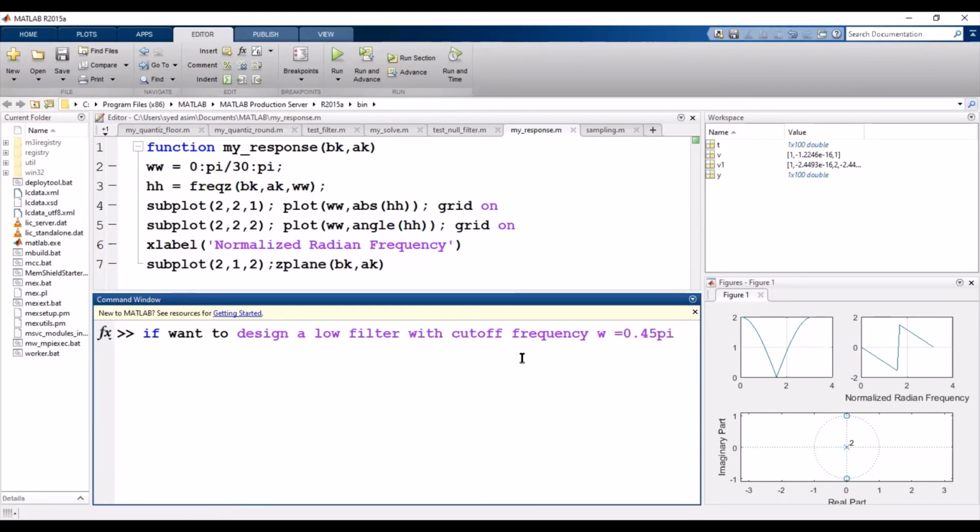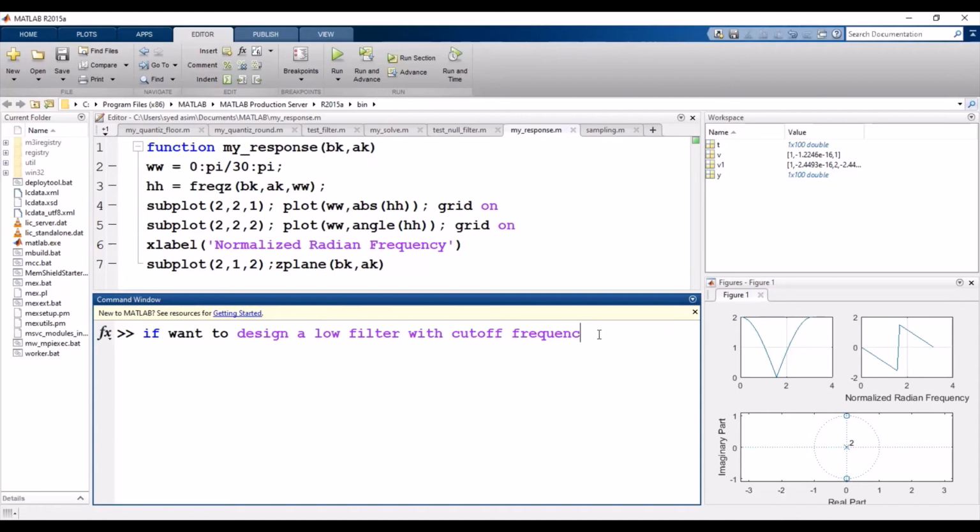In the case of an FIR filter, we want to cascade first order filters. In this case, we don't need to cascade first order filters. We just need to write the formula and calculate the value of alpha.